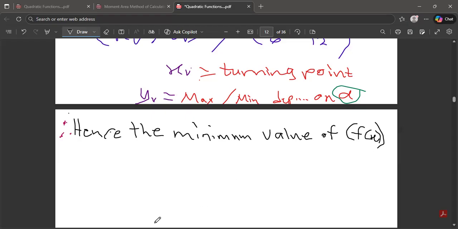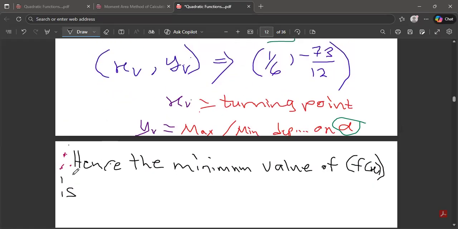So the minimum value of f of x is what? Negative 73 over 12. So negative 73 over what? Over 12. Yes.